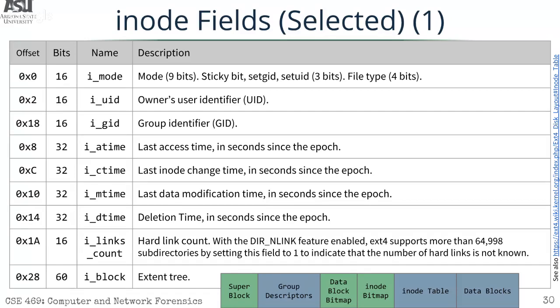Okay? This is important. You can't delete a file until this is 0. Okay? Yes? Is that why you can't delete directories? That is one of the reasons, but that's not the only reason.